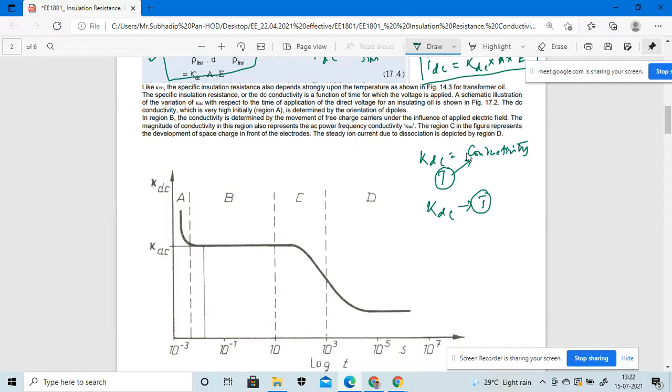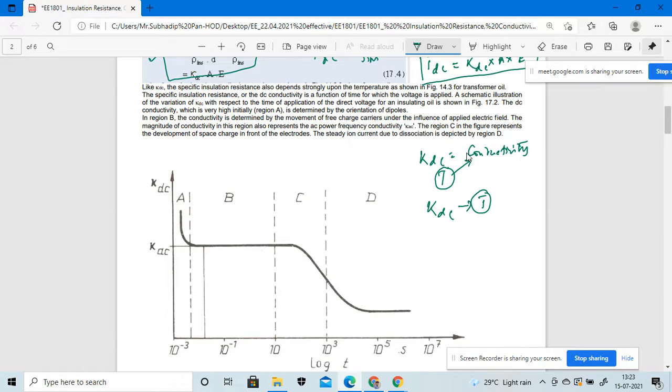If we consider the transformer oil, the conductivity depends on the temperature, and depending upon the temperature we assign the transformer oil a conductivity.